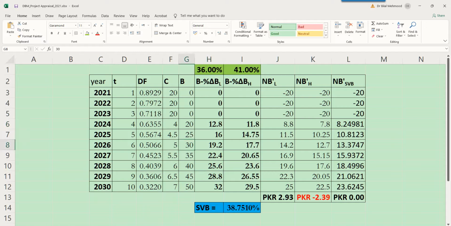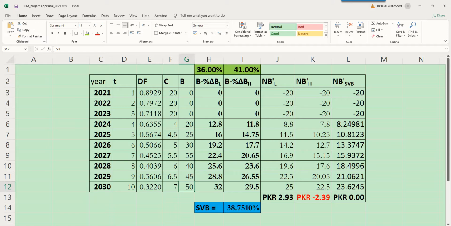Here 36% of 30 is subtracted from it, and 36% of 50 is subtracted from it. So in this way we get new levels of benefits, which are lower than the original benefits because they are unexpectedly decreased.